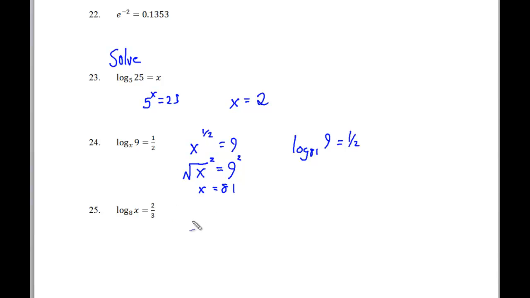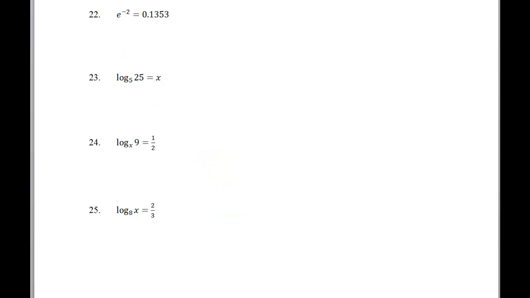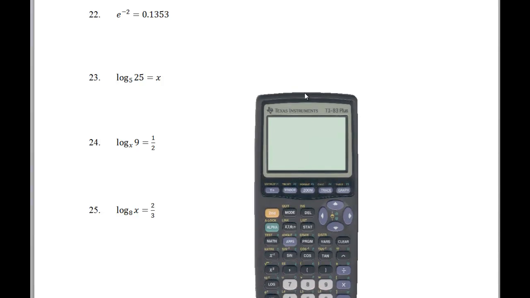All right, now this one here. 8 to the 2/3 power is equal to x. Thankfully we can go to our calculator and do this one. I got to grab my calculator. There we go.